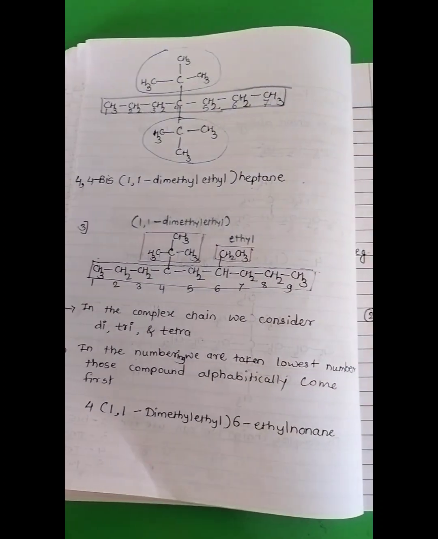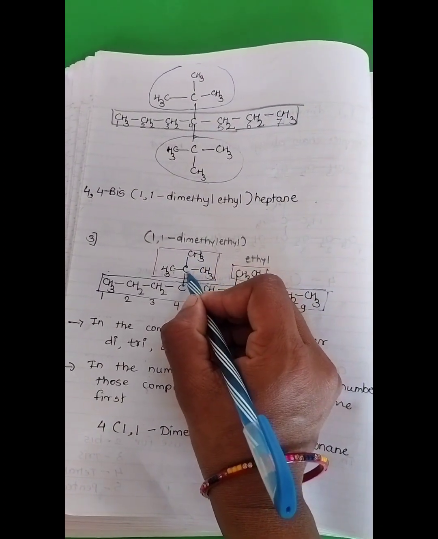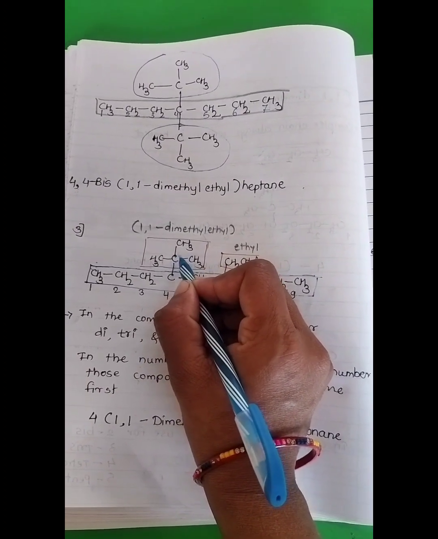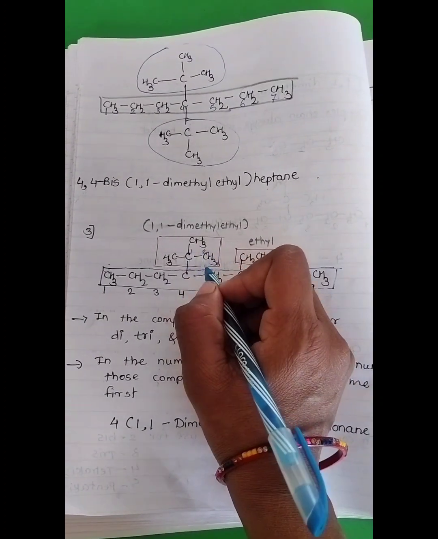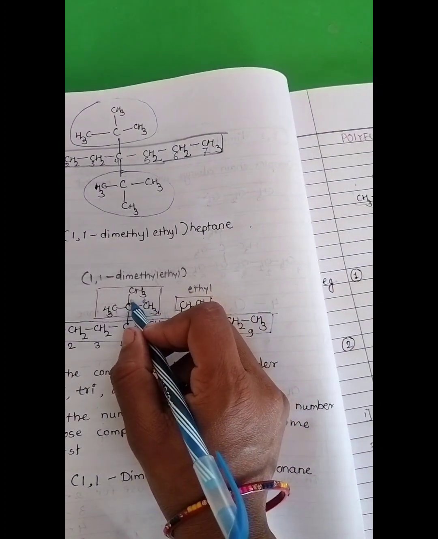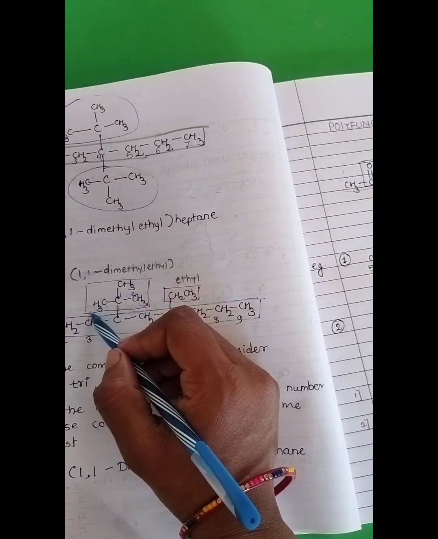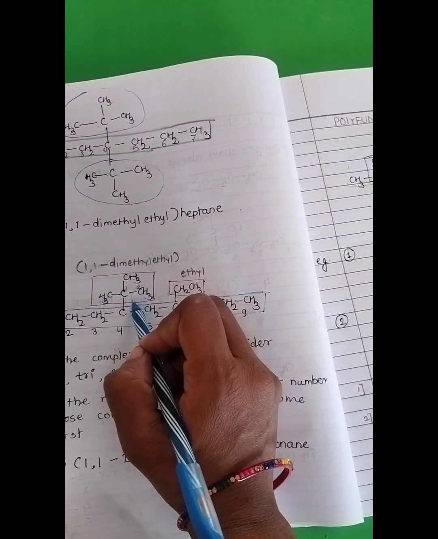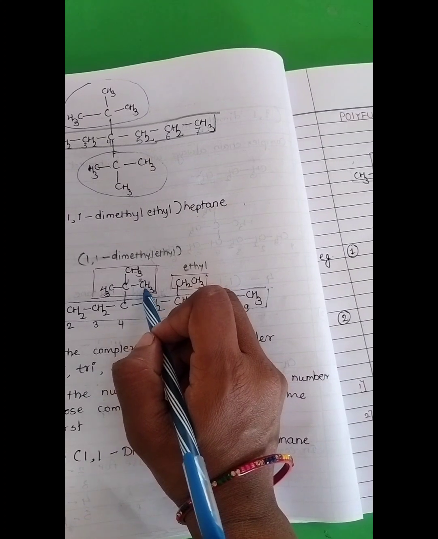Here the numbering of the compound from the linking side goes to the lowest number, so here 1 and here 2. The first carbon is attached to the first methyl group and second methyl group, so dimethyl, and here 2 carbons, so ethyl.